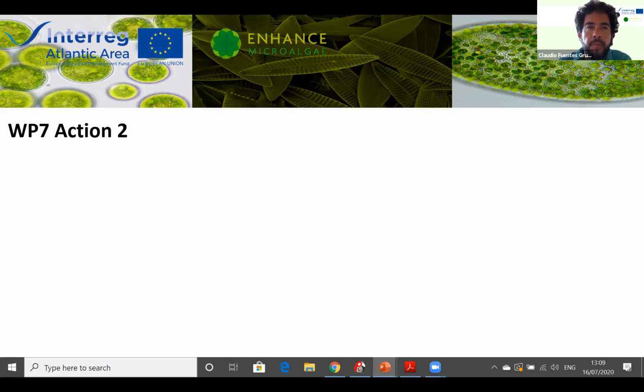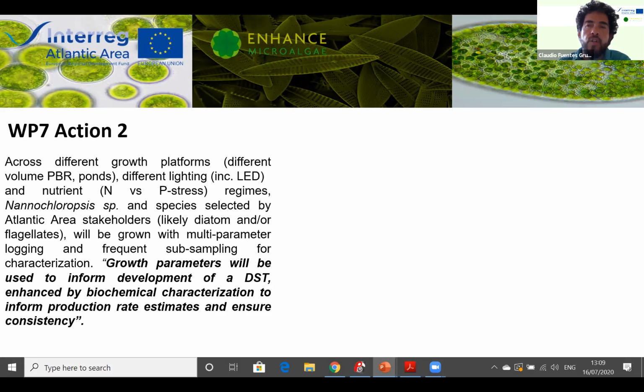In order to create this tool, the idea is beforehand to run different experiments at a real and higher scale. We are talking about at least pilot scale of 1,000 liters or more of culture in different systems like PBRs or ponds, and using different kinds of species, standard commercial species, because one of the aims of this project is to validate the numbers that we have for the common ones like Nannochloropsis, Chlorella, and Spirulina.